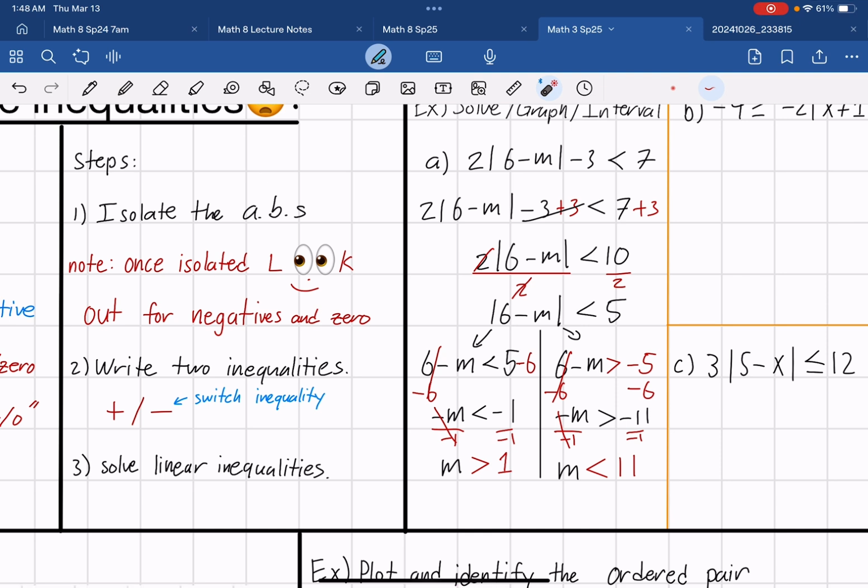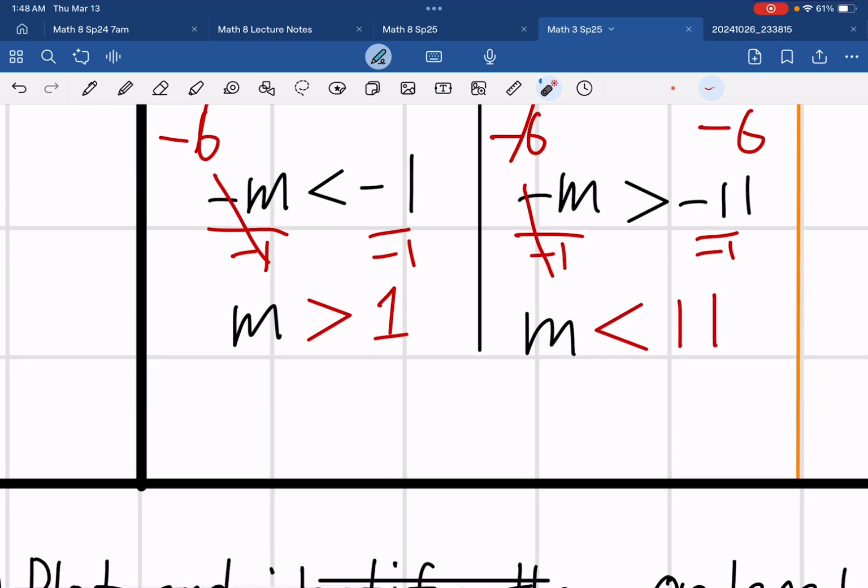Everything's a little compressed. Hopefully I can get my graph to fit. So here, I only have two numbers to reference. The two numbers I have to reference are 1 and 11.